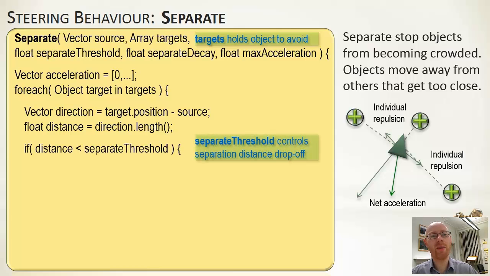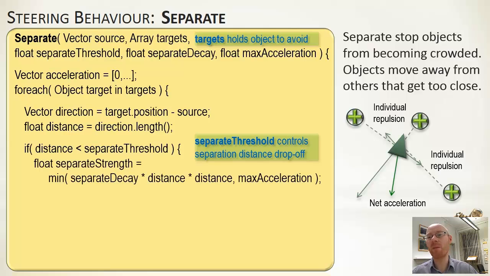We want to trigger some action, we want to work out, well, how fast should I try to move away? We've got a few components here. It's a minimum, so we're going to take the minimum value, and we've got separate decay times distance is one of the terms, and max acceleration is the other term. So we're going to calculate a value here. That value might be larger than max acceleration.